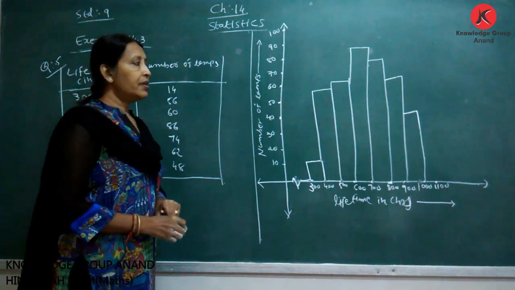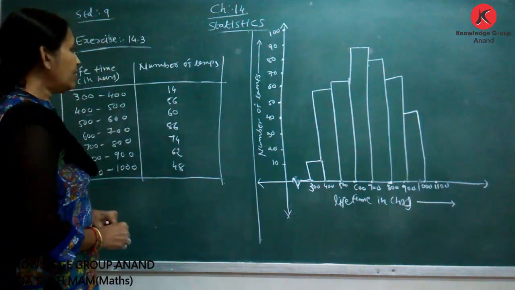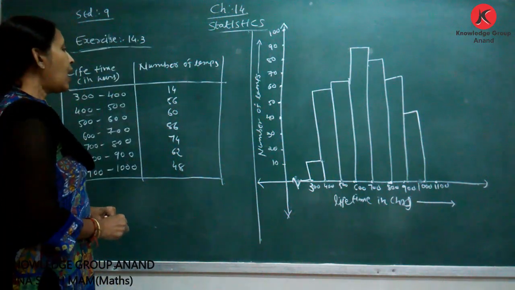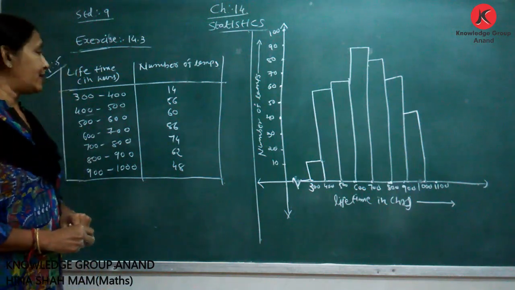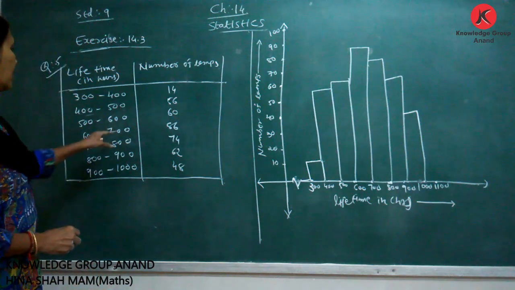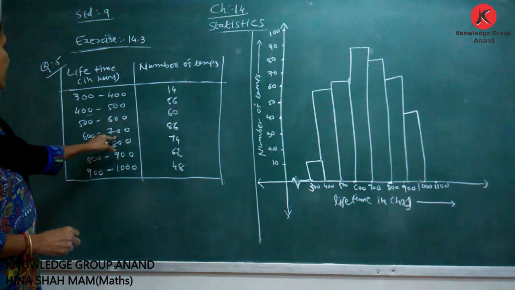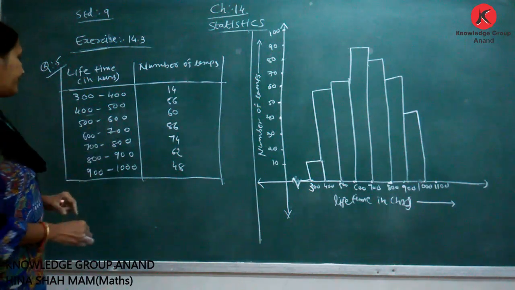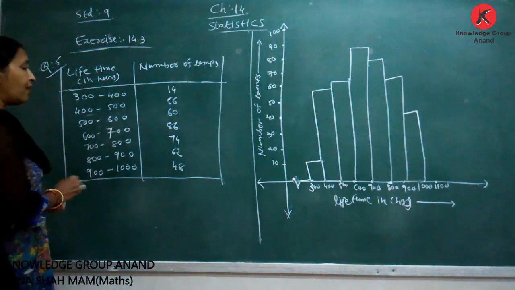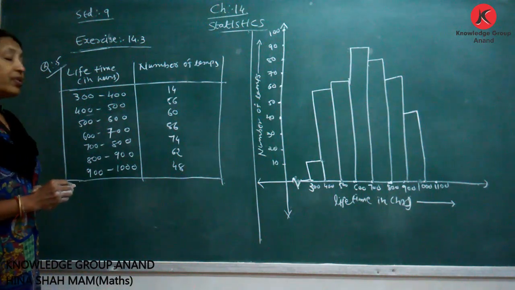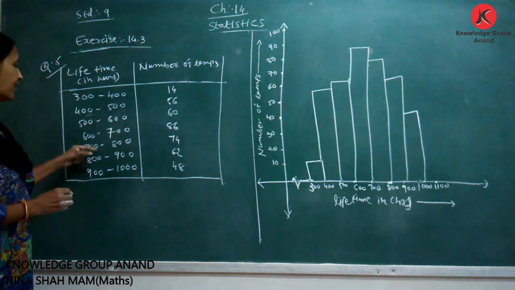We draw the histogram here. Then question number 2: how many lamps have a lifetime of more than 700 hours?